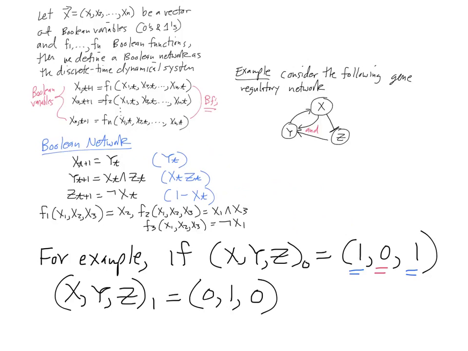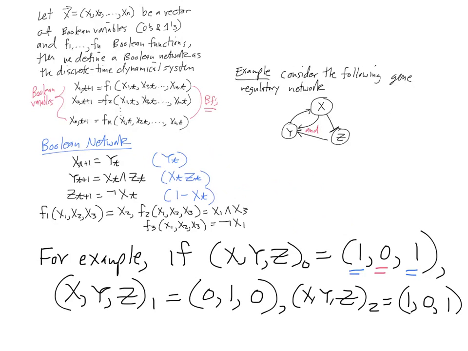And then if we were to look at x, y, and z in the second time period, X needs y to be on, and that's certainly the case, so x will be on in this second time period. Y needs x and z to both be on, which is not true, so y will be off, and z needs x not to be on, which is true, and so that'll be on.